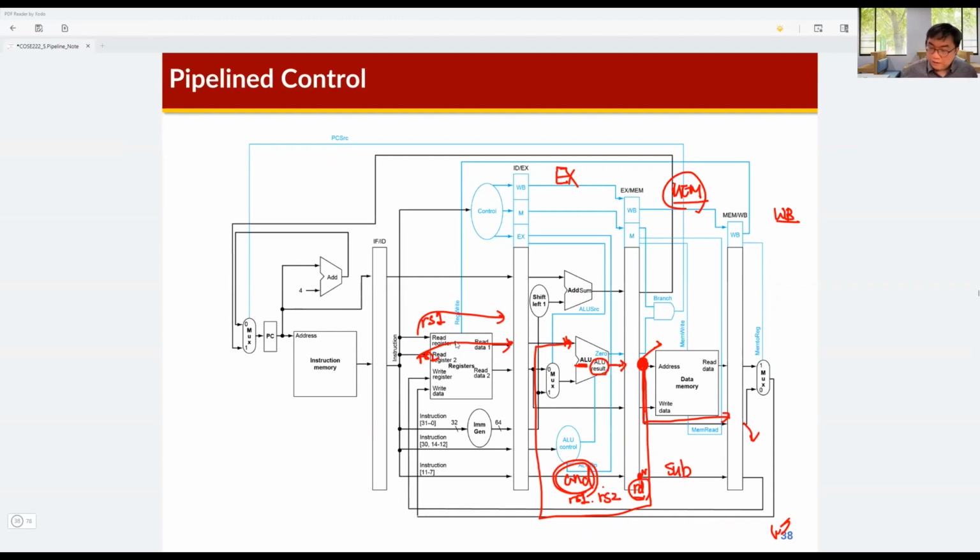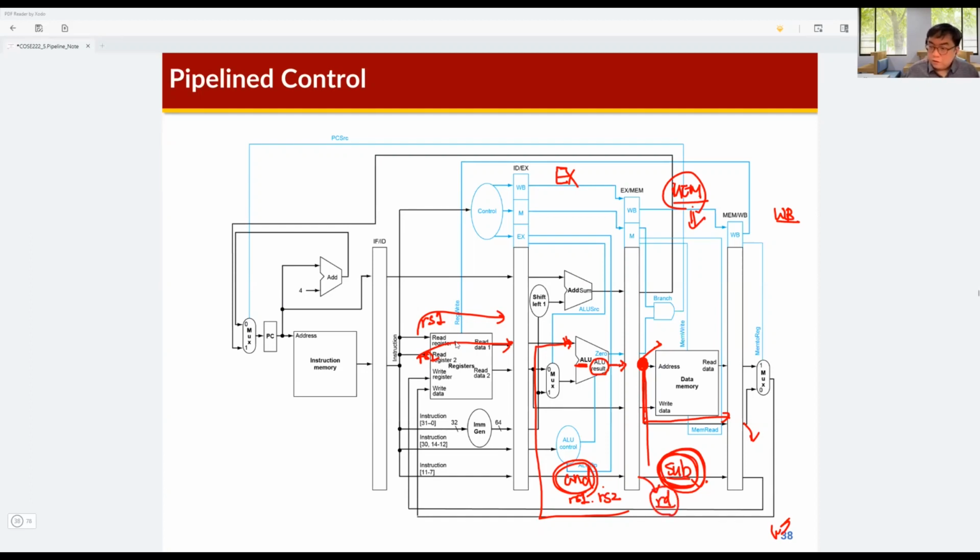So in the pipeline diagram, when the sub instruction is here in the memory stage, that means the result of the sub instruction is also here. That means the RD of the sub instruction is also in the memory stage.